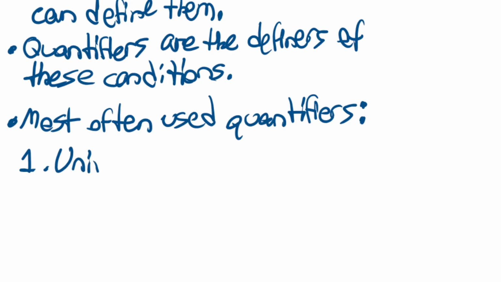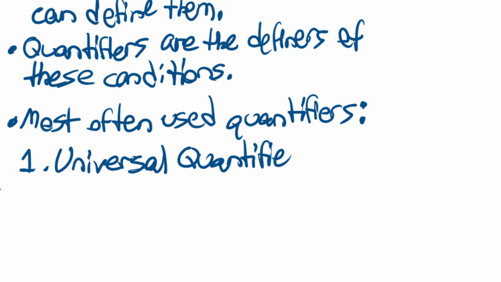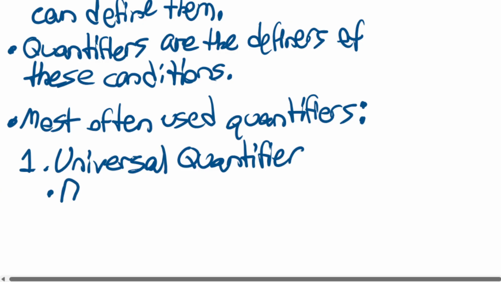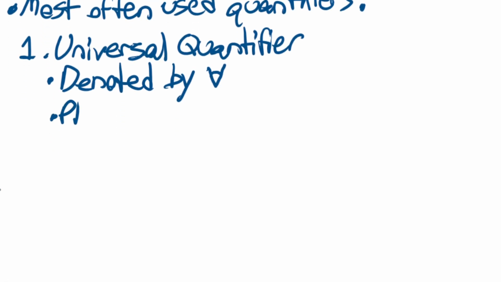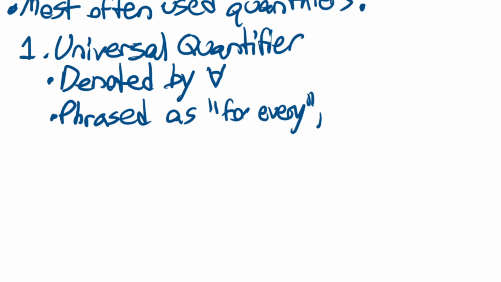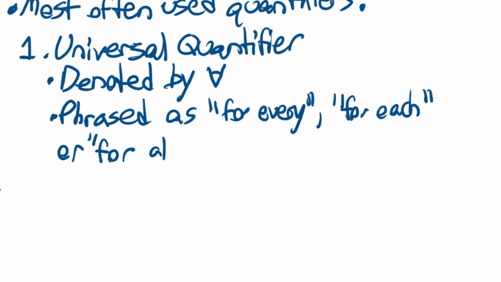We have the universal quantifier, which is denoted by this symbol, and this is phrased as for every, for each, or for all.